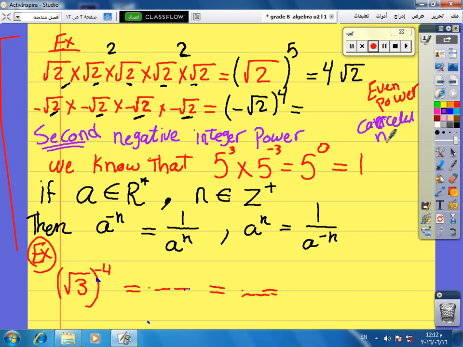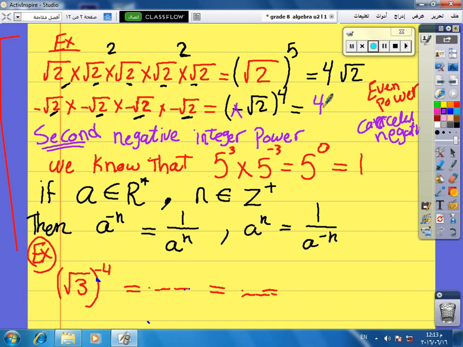So 4 is even power, so I will not write the negative here. Square root 2 power 4 means I repeated it 4 times, so that equals 4.